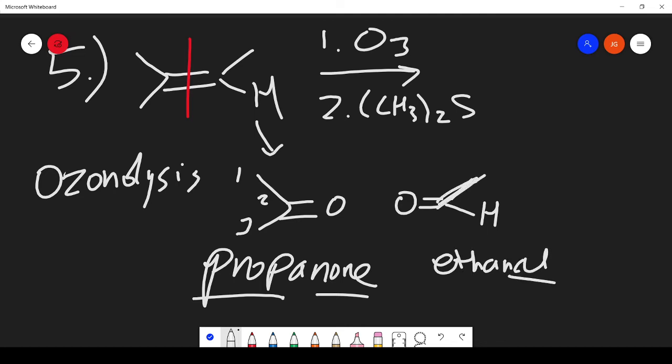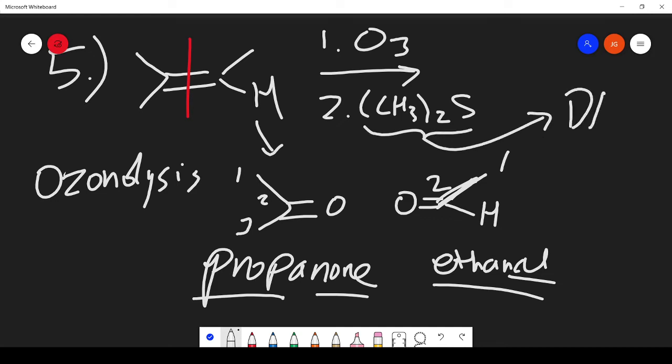This is a 2-carbon chain, 1, 2, so it's ethanal. Now, on your test, or on your homework, or in real life, you might see this written as DMS. It's the same thing. DMS means dimethyl sulfide. Here we have two methyls and a sulfur. So it's the same thing.